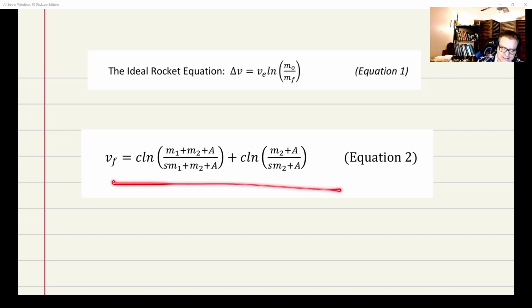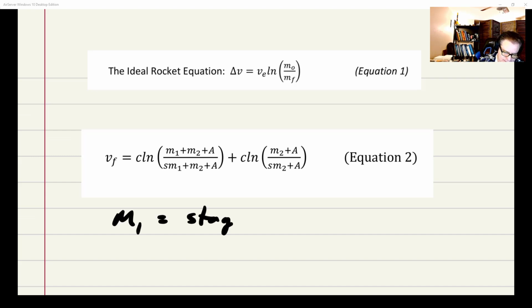So here is a version of that rocket equation that allows for two stages and allows for a payload, and each stage has a different mass. So what we're looking at here is m1, like the stage 1 mass.